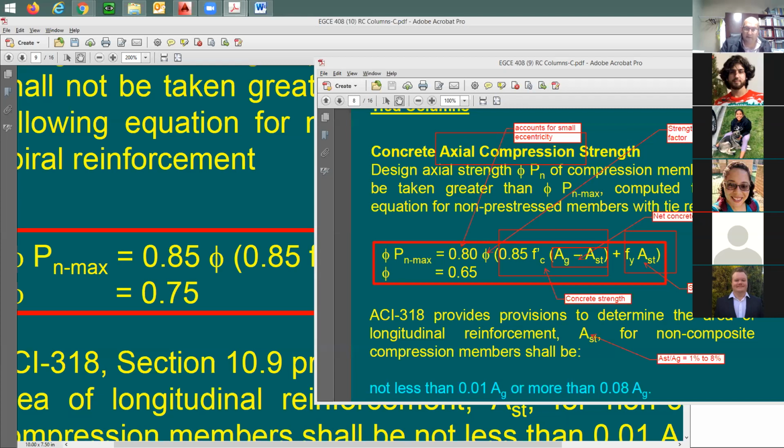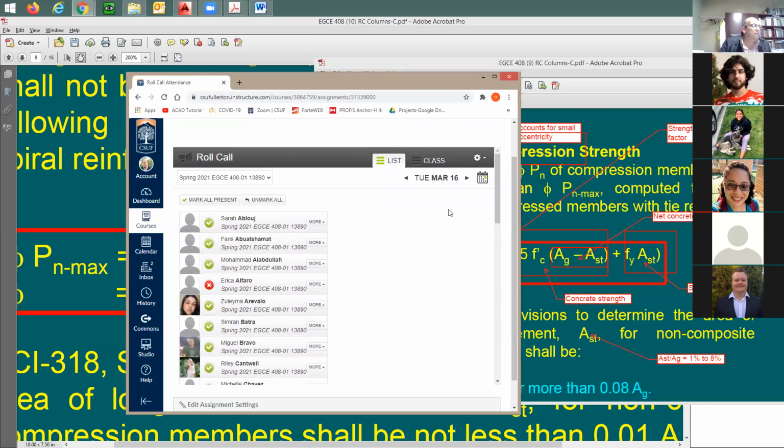Who else? Abdullah. Do we have Abdullah here? Muhammad Abdullah? Muhammad? Is he gone?